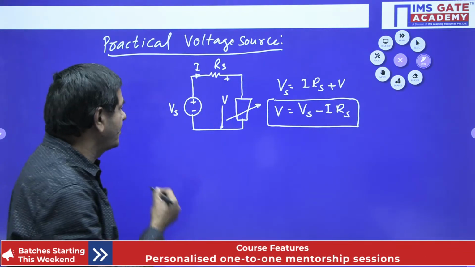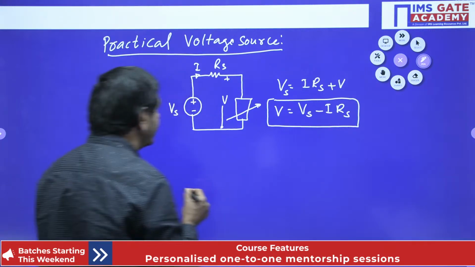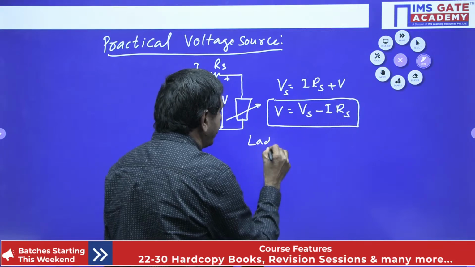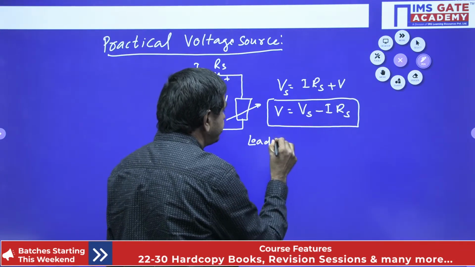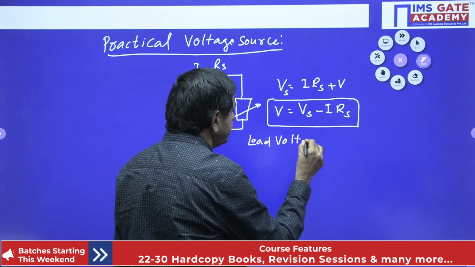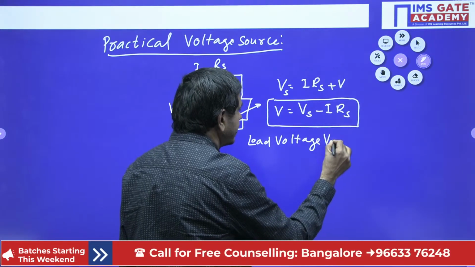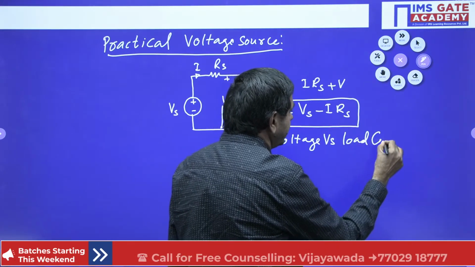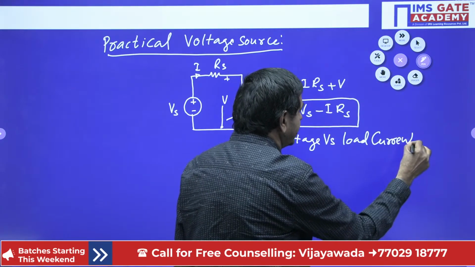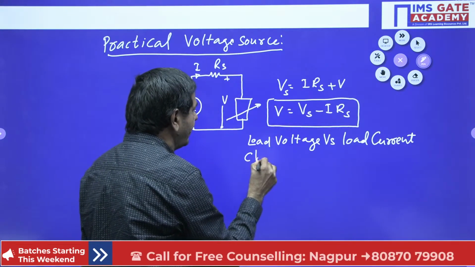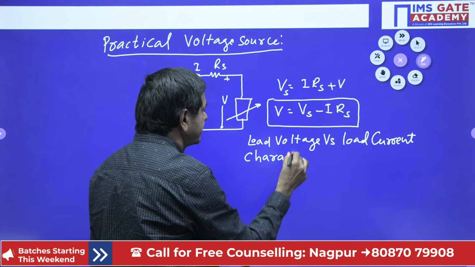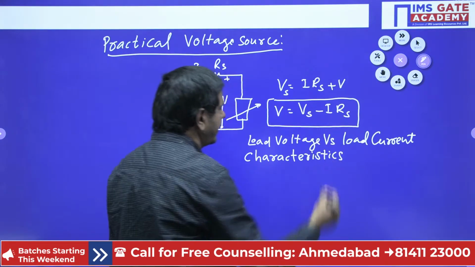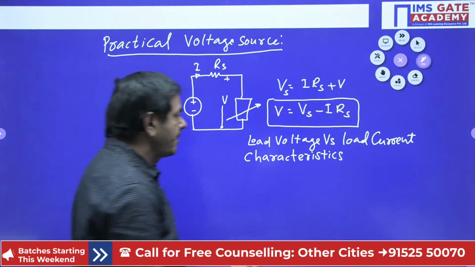How can we plot? Please watch it now. I want to plot here the load voltage versus load current characteristics. How can we draw this?